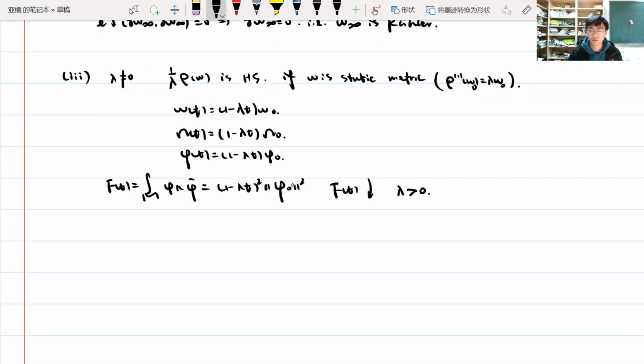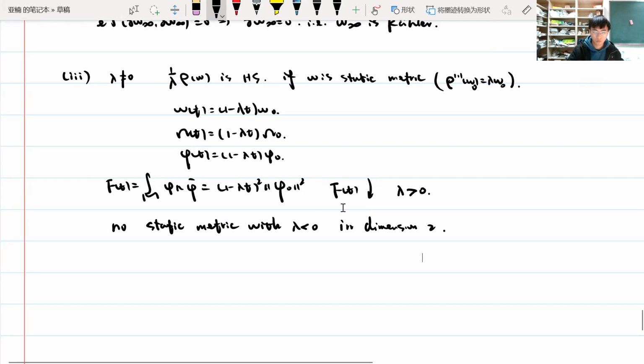So actually, there are no static metrics like this in dimension 2. Because if lambda is a negative constant, then F_t is increasing. It is a contradiction.